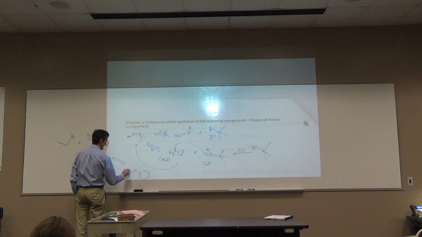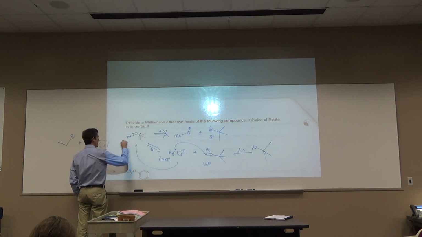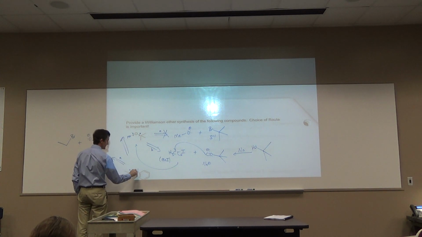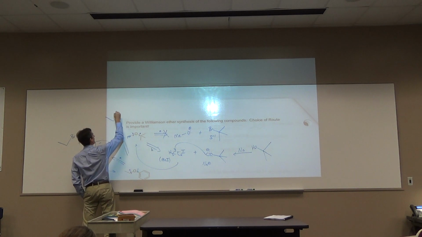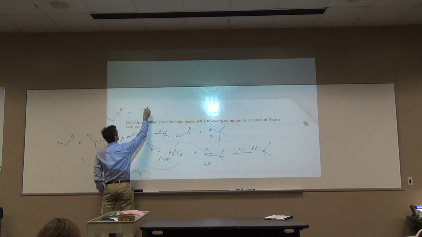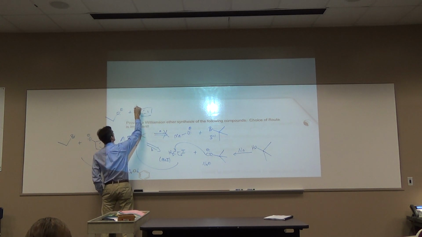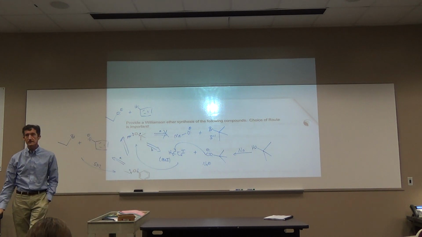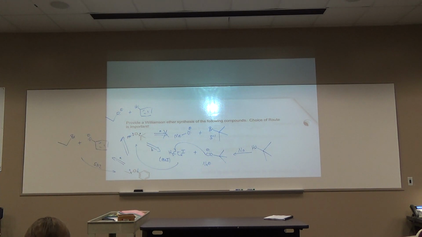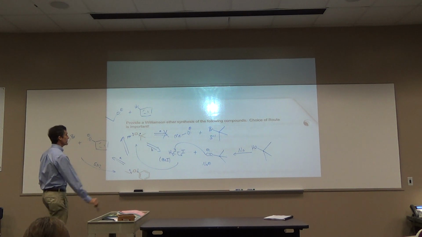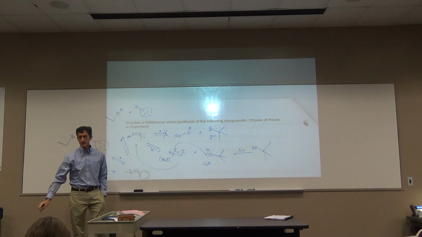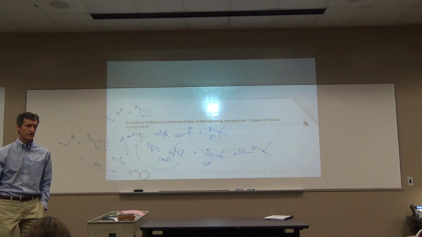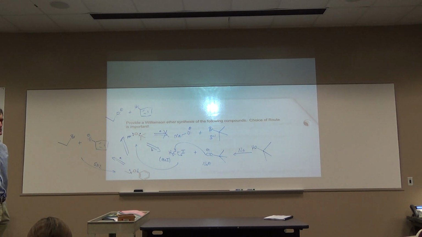That would be A. If we come back over, think about coming from B, it would be what? This plus what? Something like that. That's no good, right? The leaving group is not on a tetrahedral carbon. Cannot do SN2 there. Now you can do a substitution reaction there, but it takes different conditions.